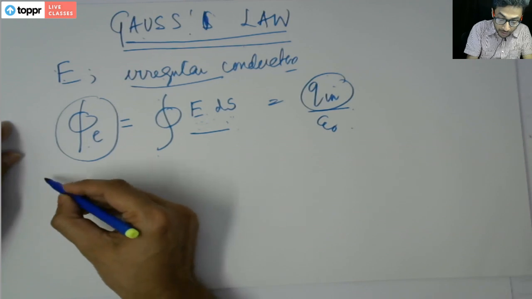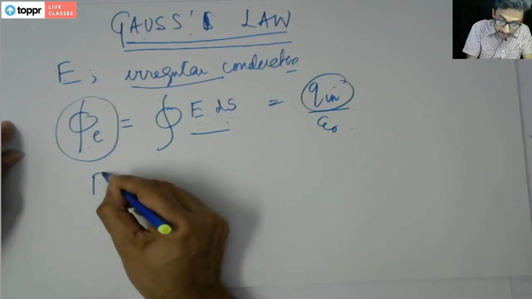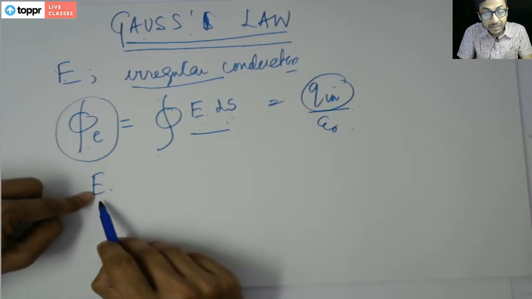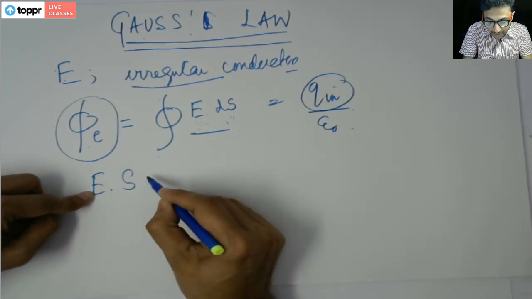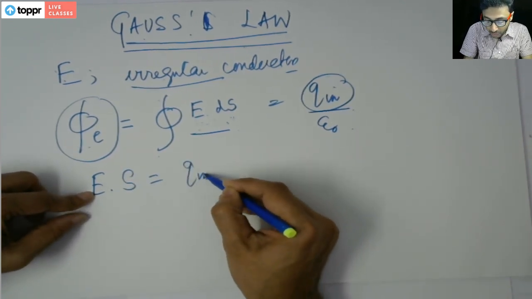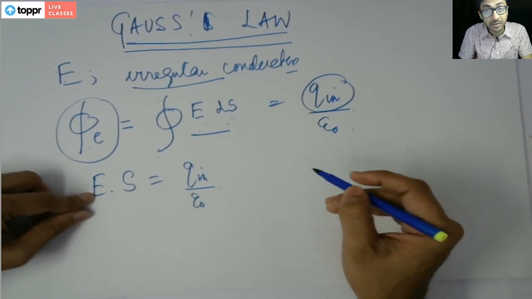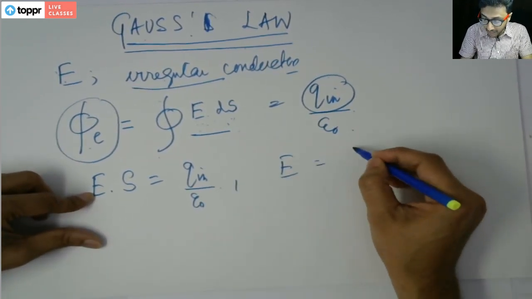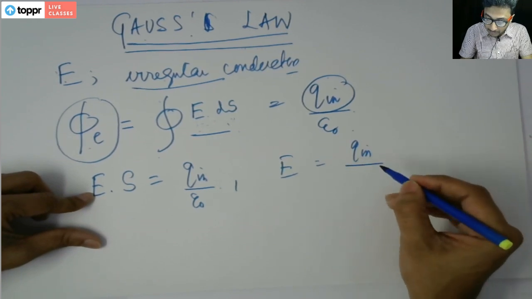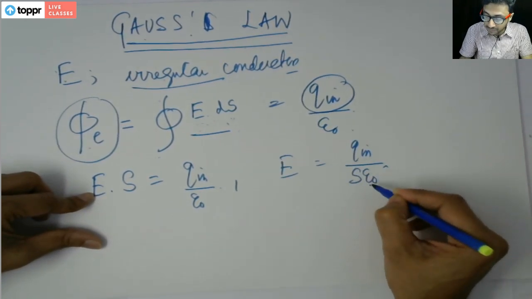Now, for a regular conductor where the electric field is uniform, we can just multiply E into S equals Q in by epsilon 0. So E can be written as Q in by S epsilon 0.